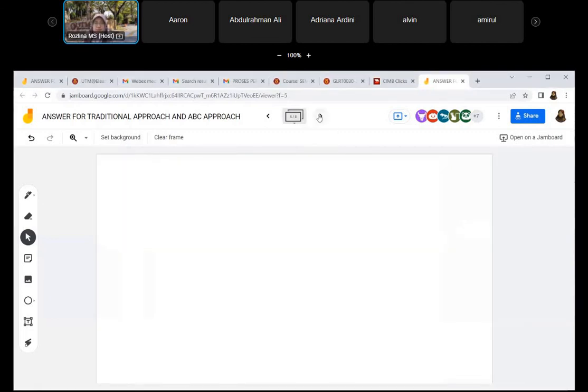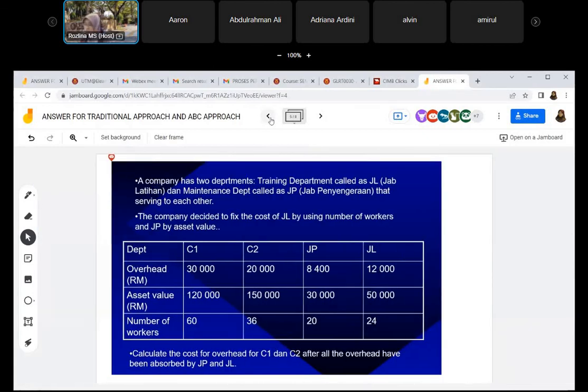And then you can put dia punya answer at the back of the question. 37.5, okay, good.